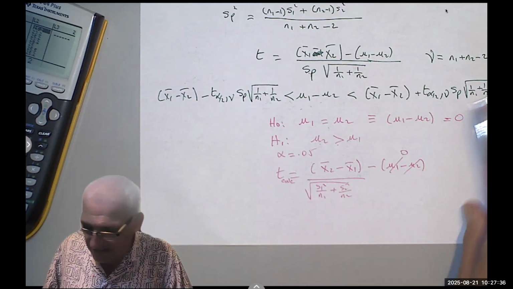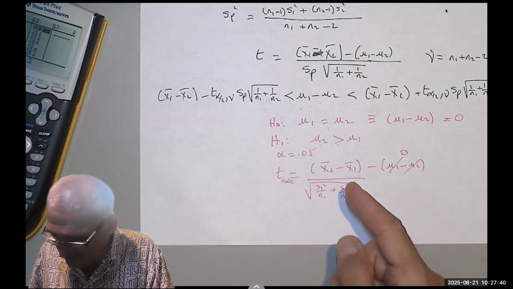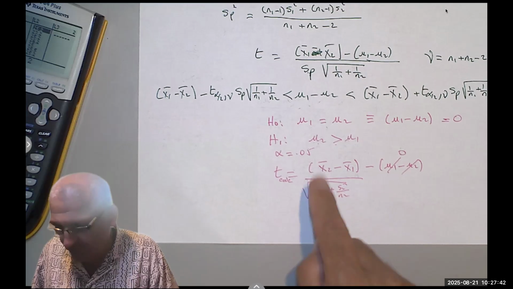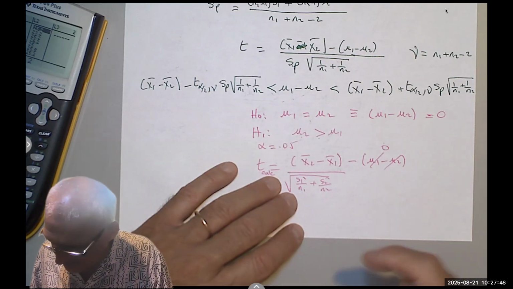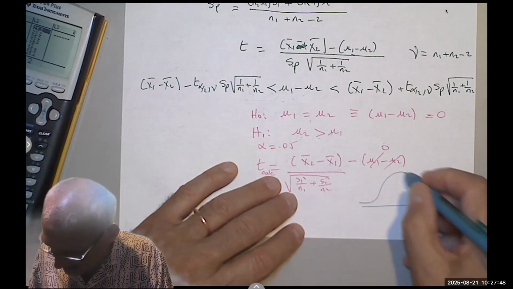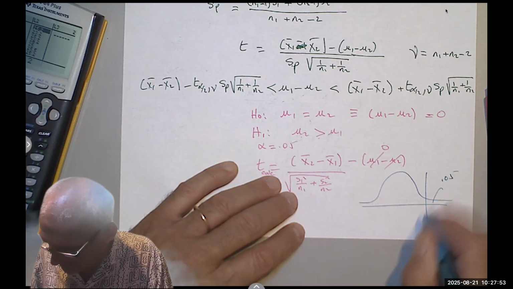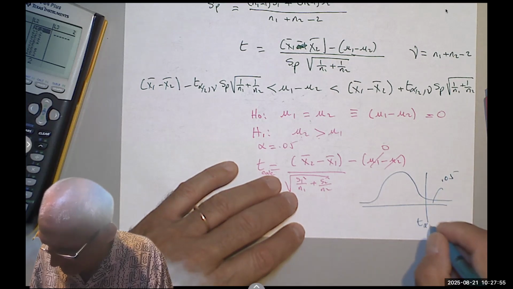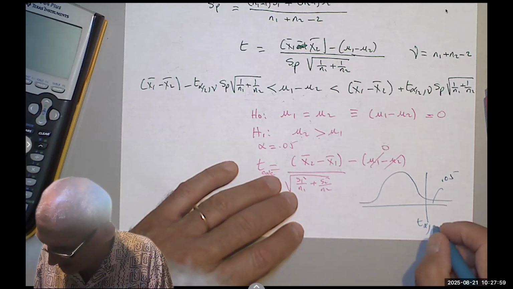We do x2 minus x1, so that's an upper test, meaning I will be rejecting if this is 5%, t alpha, not alpha over 2, all of it is on the side, and degrees of freedom.